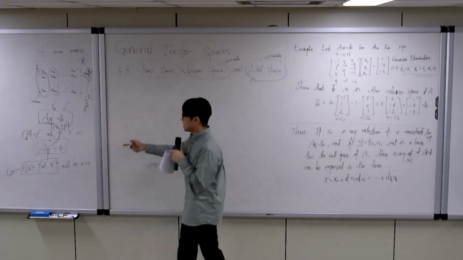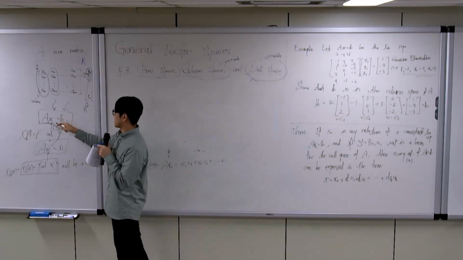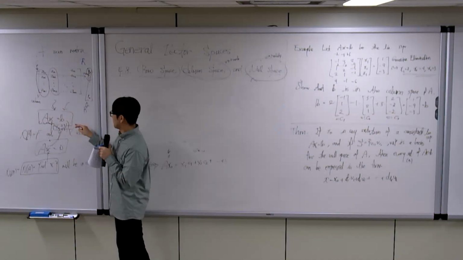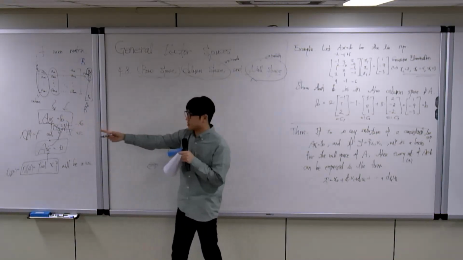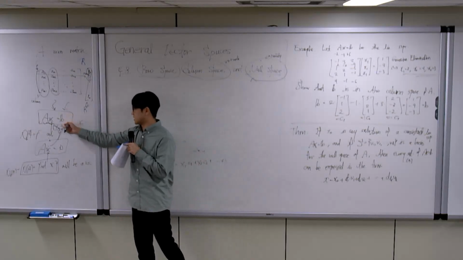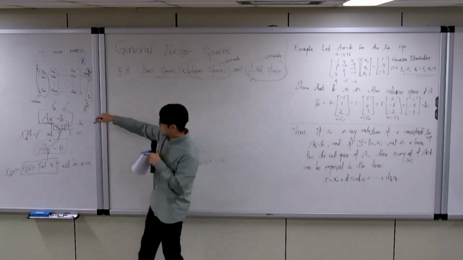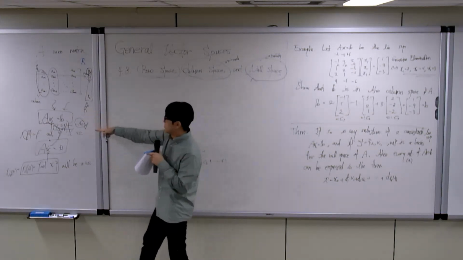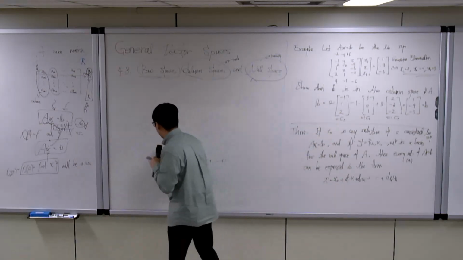And conversely, if you consider only this vector and delete the solution x0, you will get the homogeneous equation. So it is just translating by x0.